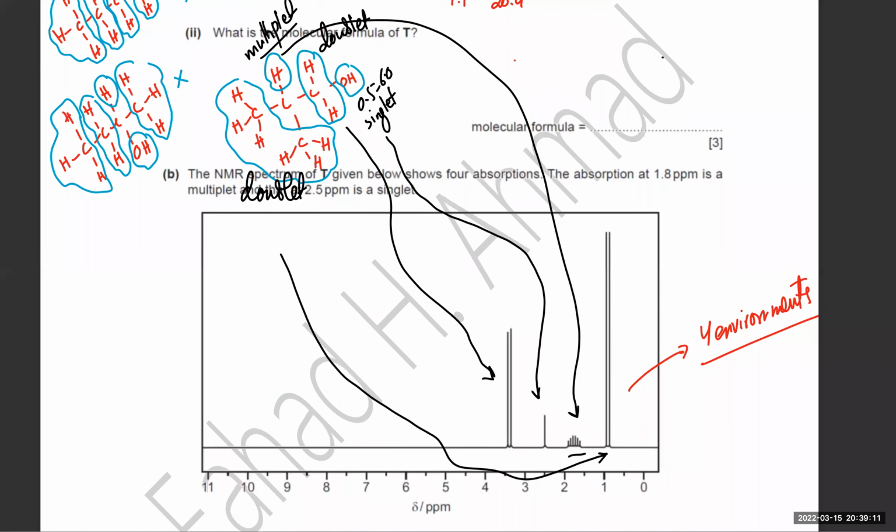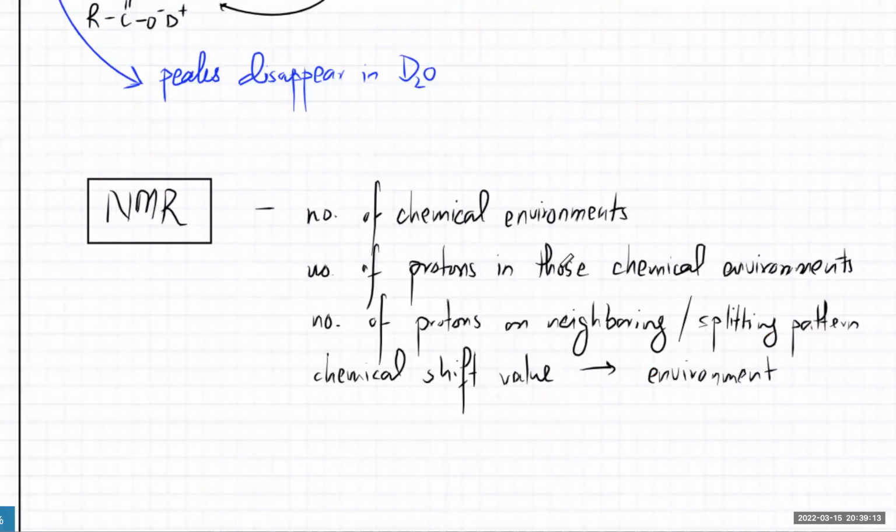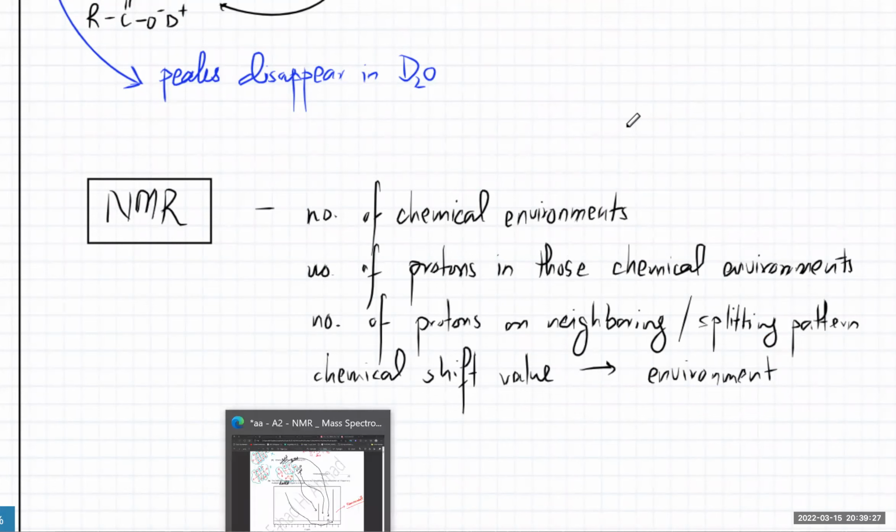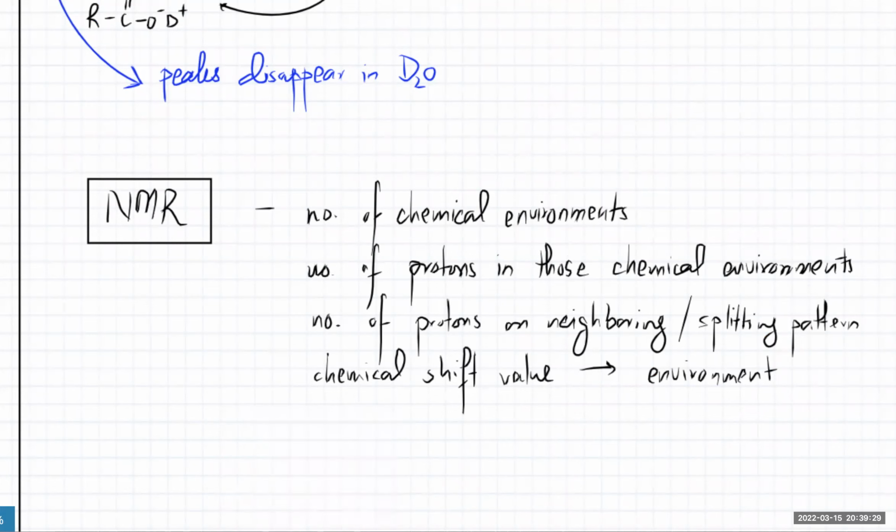Then we can also get the number of protons in those chemical environments. Then from the number of protons on the neighboring carbon, we can figure out the splitting pattern. And then we can also look at the data booklet and compare the chemical shift values. All of this would be used to figure out the structure of the molecule.